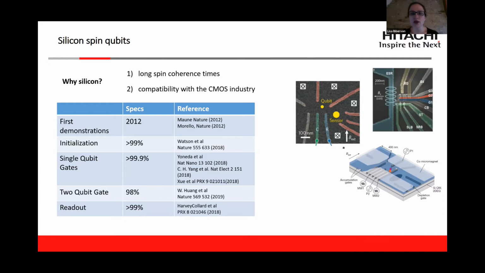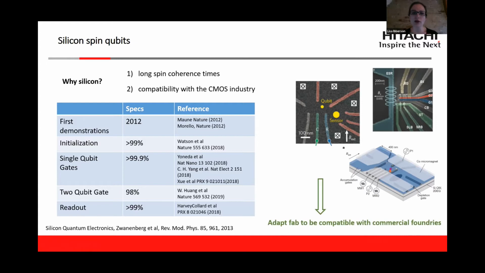But now, as we think about increasing the number of qubits in the system, we need to think about taking these demonstrations, which are typically fabricated in laboratory scale clean rooms, and somehow scaling them up to a larger number of qubits. One way of approaching this problem is to modify their fabrication such that it's compatible with the silicon industry.